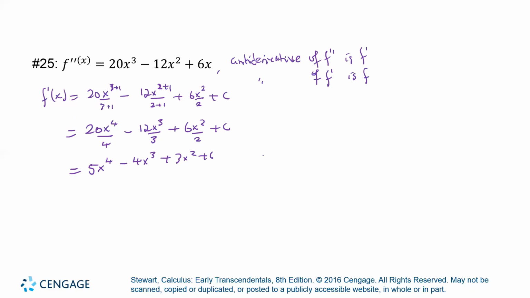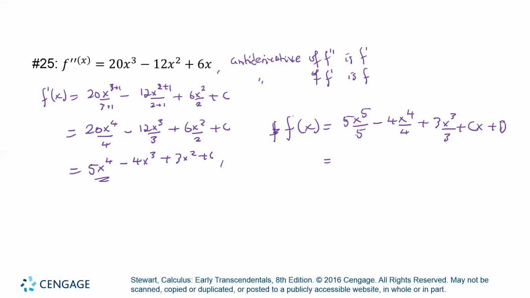Okay, so the function F is equal to the antiderivative of F prime. So we find the antiderivative of this, which will give us 5x to the 5 over 5 minus 4x to the 4 over 4 plus 3x cubed over 3 plus C times x, then plus another constant D. Okay, so if you simplify this, the 5s will cancel.